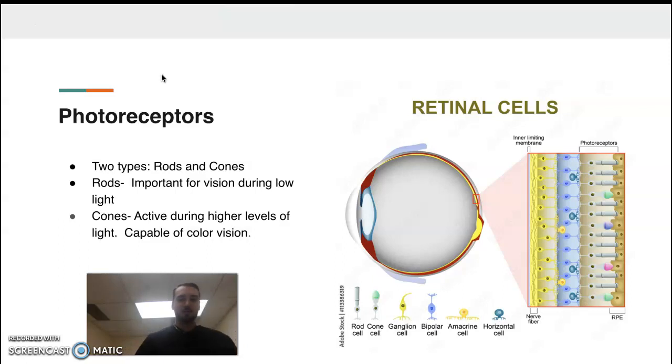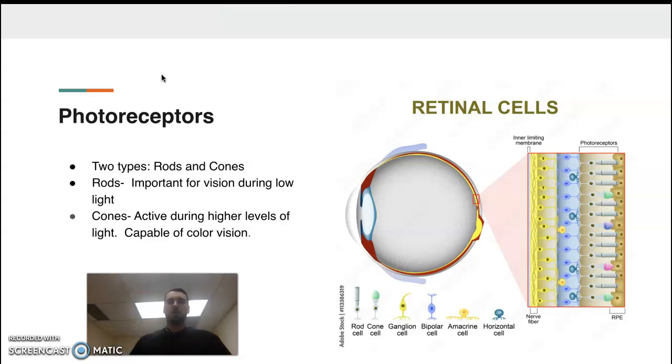Alright, so as I mentioned, today we're going to be focusing on the photoreceptors, and the retina contains 2 major types of photoreceptors. They are the rods and cones. Rods are good for seeing in low light settings, and they definitely outnumber the cones in the retina.